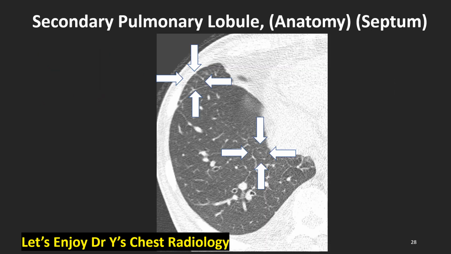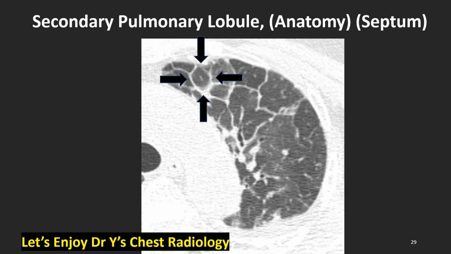Secondary pulmonary lobule anatomy septum. Arrows indicate two secondary pulmonary lobules in right middle lobe and right lower lobe. Arrows indicate secondary pulmonary lobule in an interstitial pulmonary edema patient.